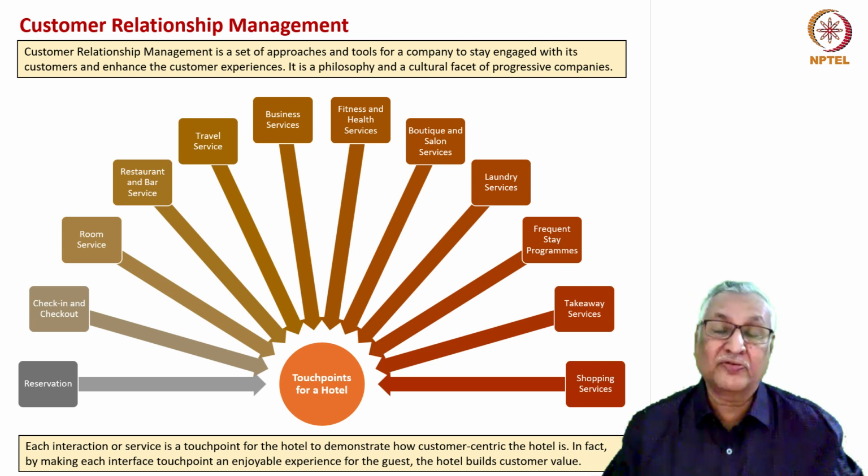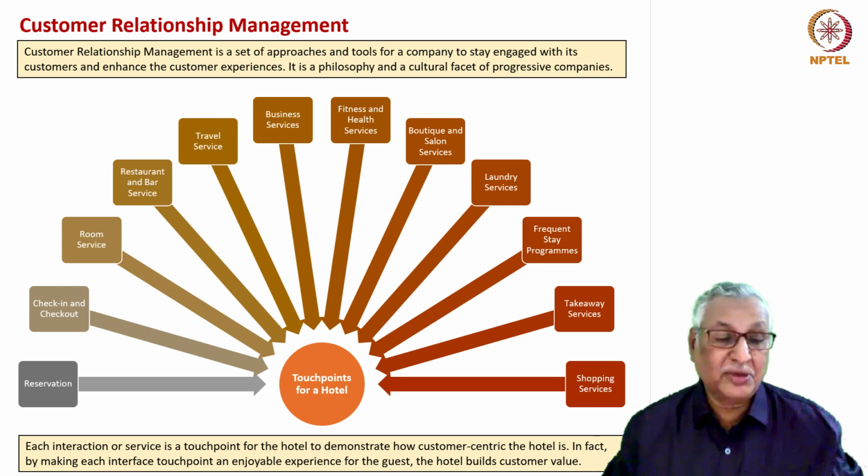When we look at different types of hotels under different ownerships, one hotel comes up very high in respect of customer service and customer relationship. It is the Taj group of hotels, and that has come about due to a set of policies, a set of values, and a set of conduct principles that have been imbibed in the DNA of the hotel chain.